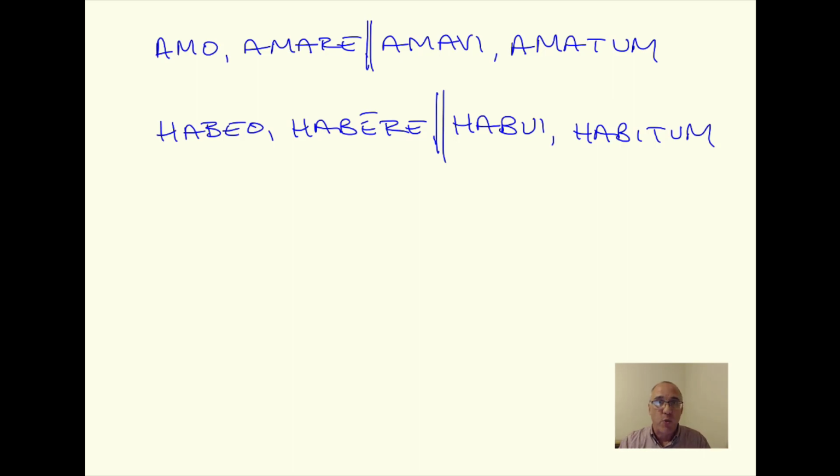But for now, for chapter 1, we're going to stick with the first two parts for the present tense, and we're going to worry about the last two, the amavi and the amatum, or the habui and the habitum, in I don't know what chapter it is, 9, 10, 13. I don't remember. Not as far as 13. Doesn't matter. We're only focusing for now on the first two.